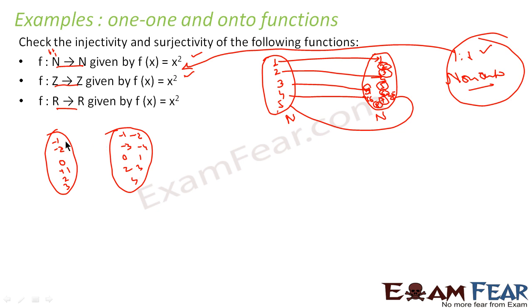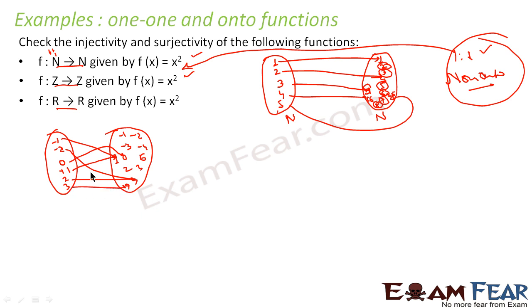-1 square, if you make, you get 1. Let me put 1 here actually, just to make things simpler. -1 you get 1, -2 you get 4, 0 square you get 0, 1 square is 1, 2 square is 4, 3 square is 9. This was not written, so I'll put it here.